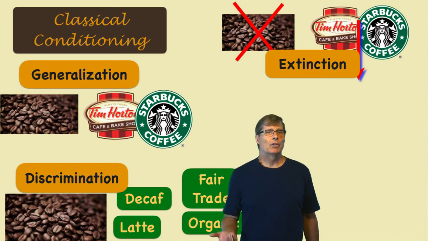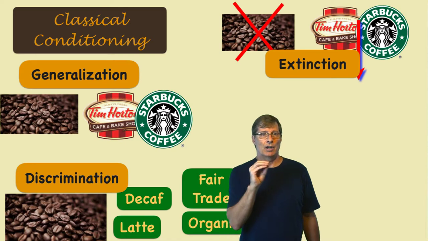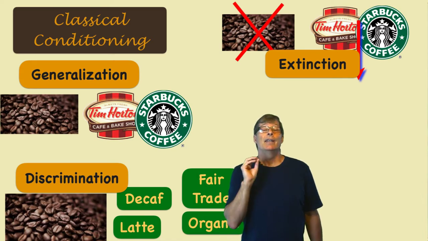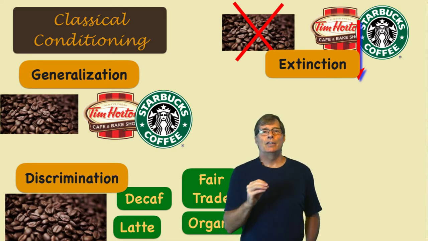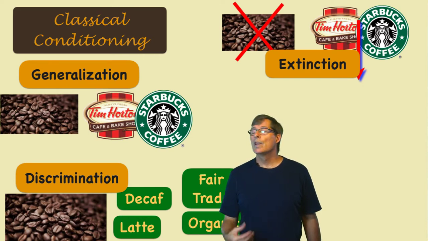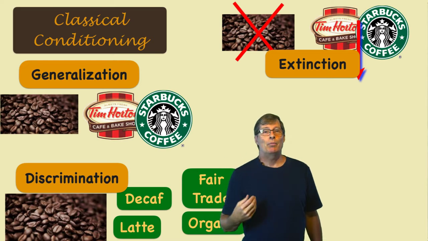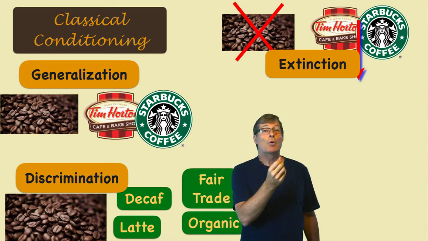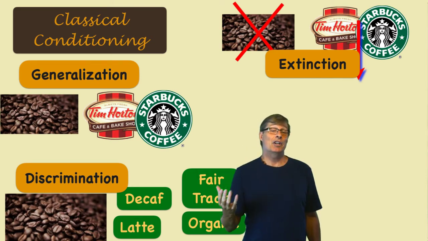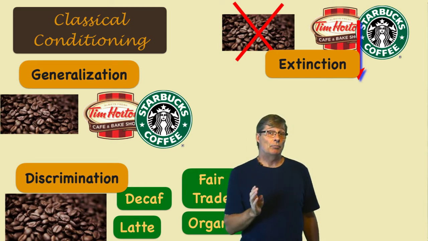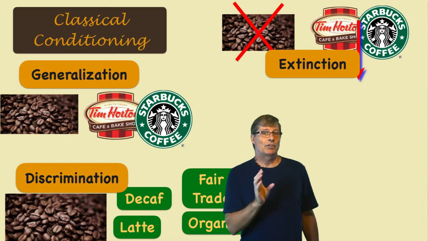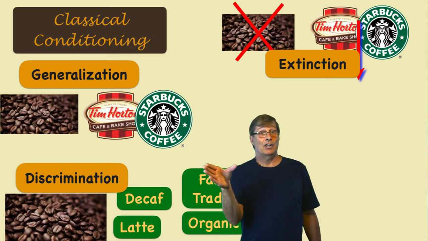Extinction, well, this learning lessens the CR, or the conditioned response, in the absence of the unconditioned stimulus over time. I will use an example coming up around seeing the sign for Tim Hortons and getting this urge to have a coffee. Now, extinction would be to lessen the conditioned response, see the sign and get a coffee.